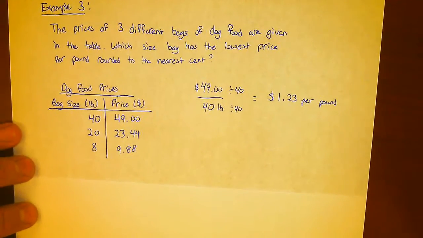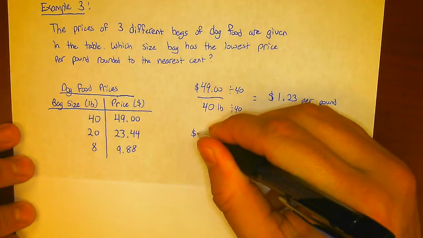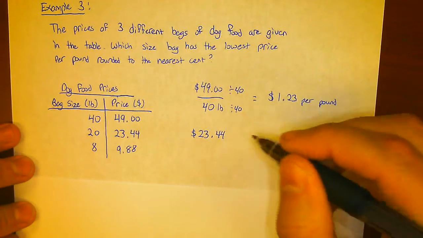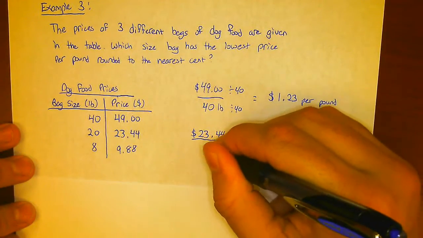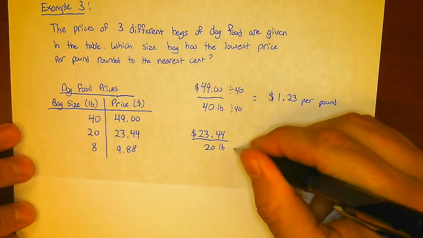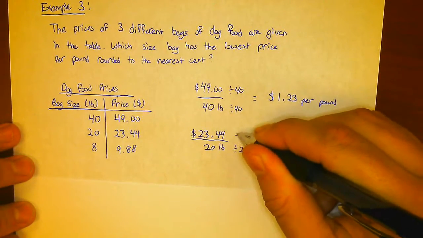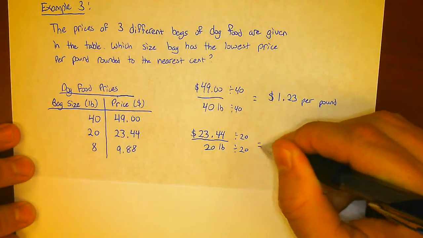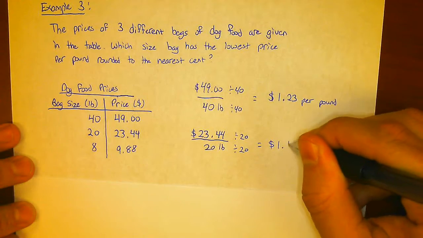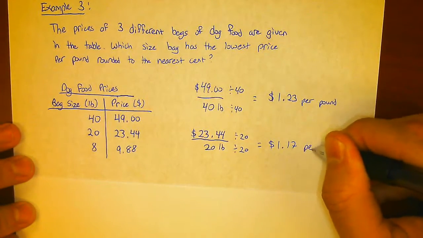So bag 2, the 20-pound bag, is next. So we've got $23.44 over a 20-pound bag. Okay, so when we divide by 20 on both top and bottom, you should get a price of about $1.17 per pound.